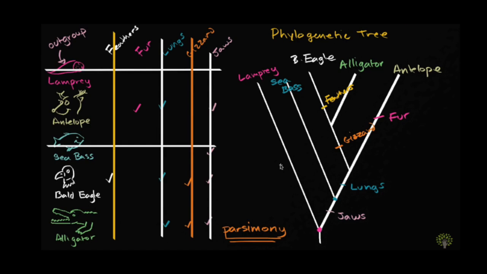So now I'm just going to jump to the end, and we all know how it will go. We will find the next trait, and we will find the next branch. So we find where the eagle is going to be, and the alligator and antelope. So again, this is the parsimony. It does not mean it's true.